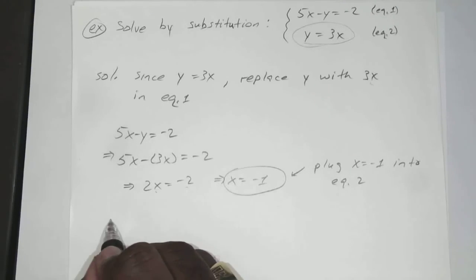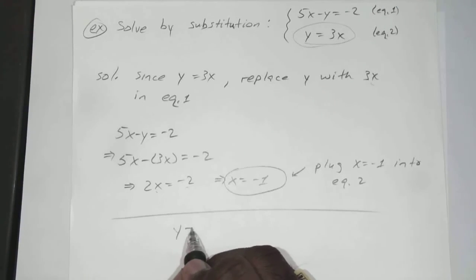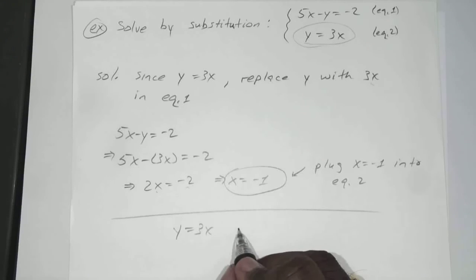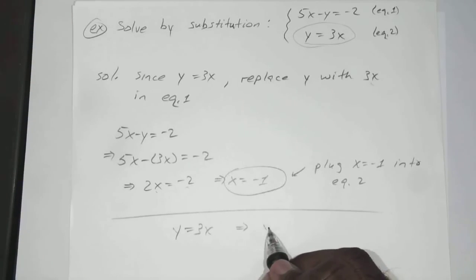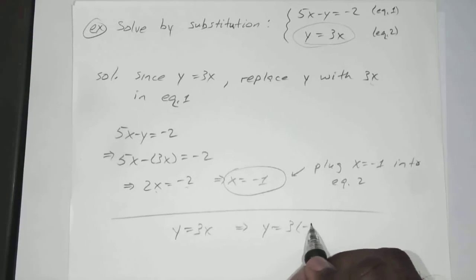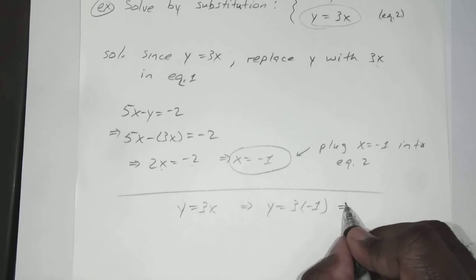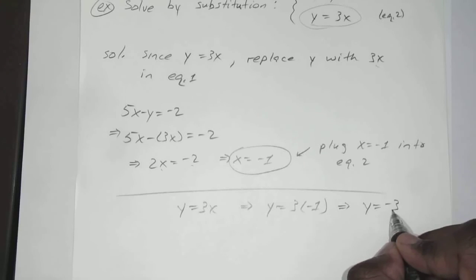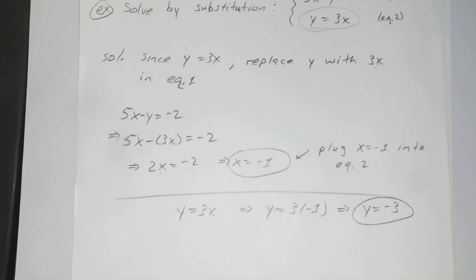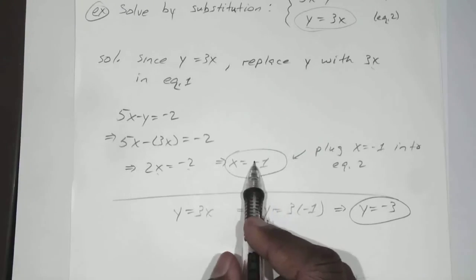So y equals 3x just becomes y equals 3 times -1. Okay, so y equals -3. So your solution is just -1, -3.